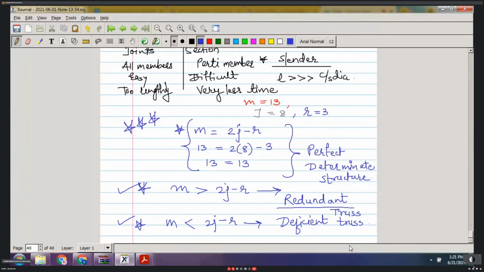Is it clear? You need to apply this equation. Check what relation you get for the left and right hand side, and you can comment whether it is a redundant, perfect or deficient truss. I hope everyone understood. Let's move ahead.